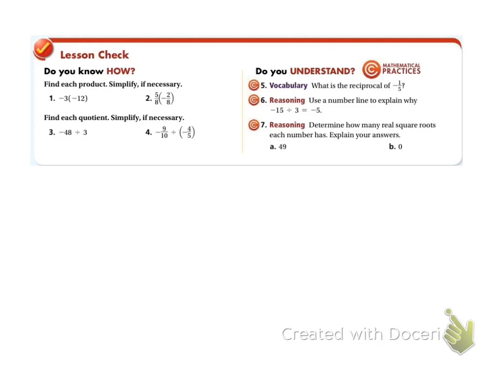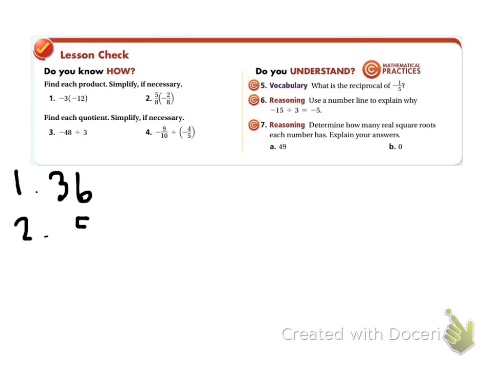Alrighty, and here is our lesson check. So number 1, I have negative 3 times negative 12. Two negative numbers multiplied together make a positive. So this is going to be 36. 2, I have a positive times a negative, so my answer is going to be negative.